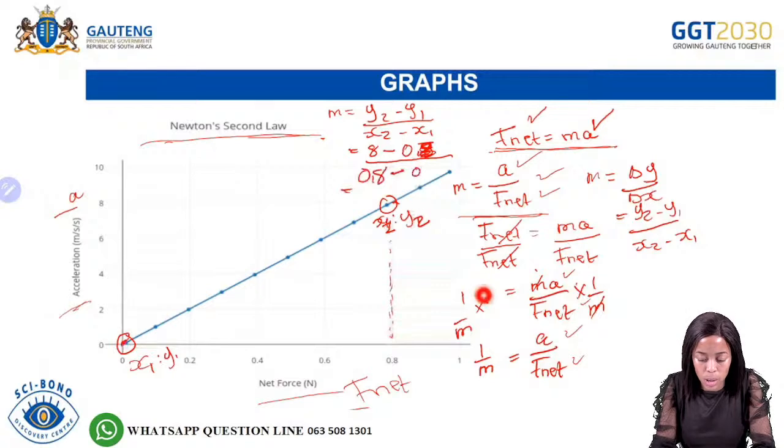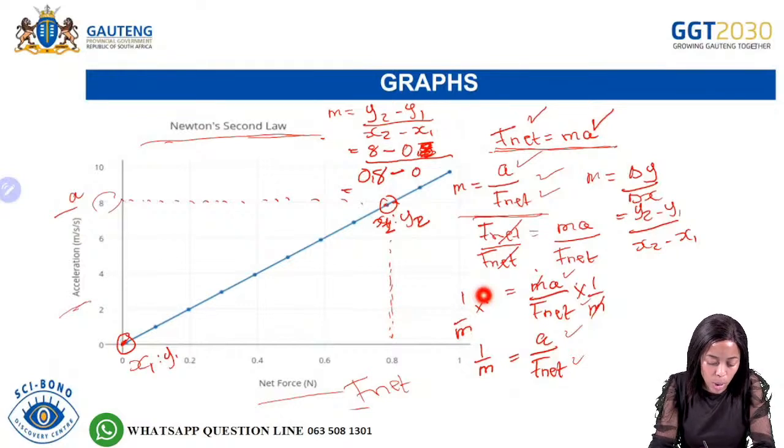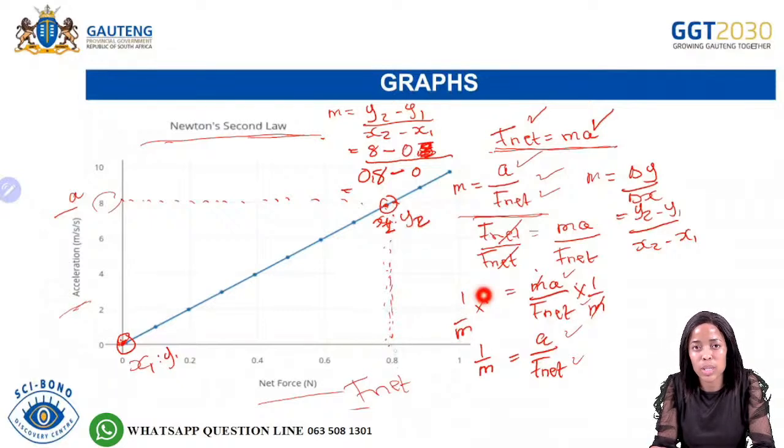I said that y2 would be represented by this dot over here, and then you go along the y-axis, and you can see that along the y-axis you have 8 as your y2. Then your y1, you go along the y-axis again, and we said the y1 would be represented by this point over here. Then the x2, we said that you go down from the very same point of y2, and when you go down along the x-axis, we can see that your x2 is represented by what?